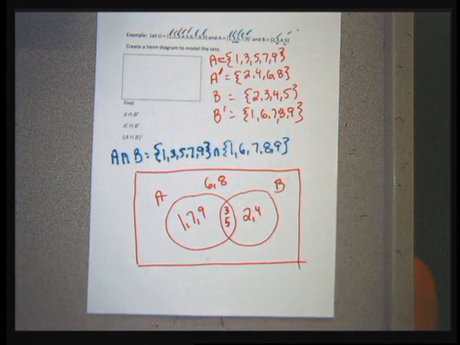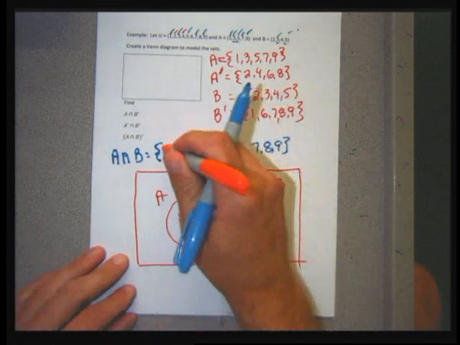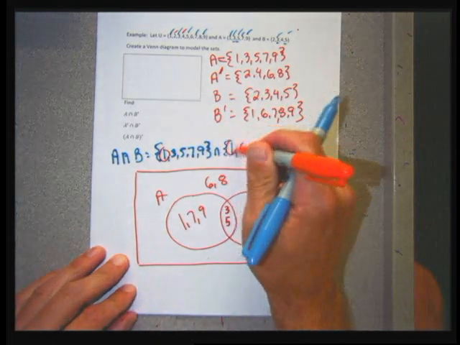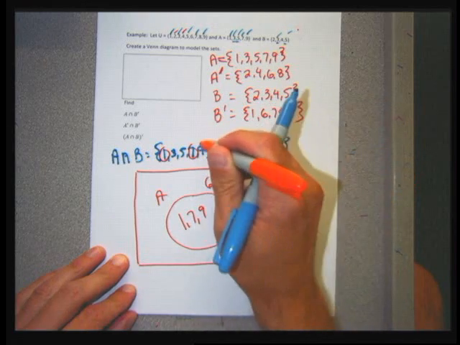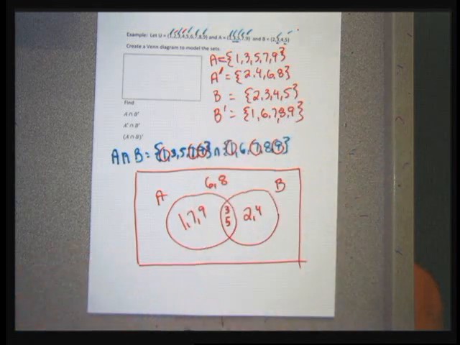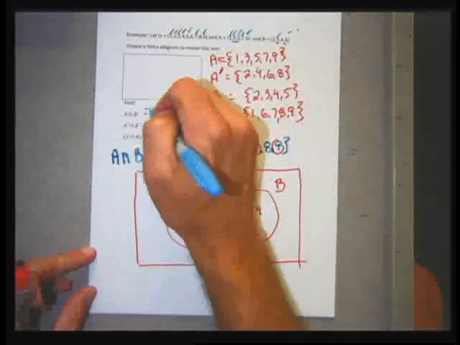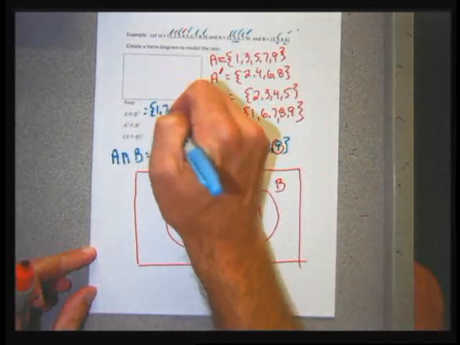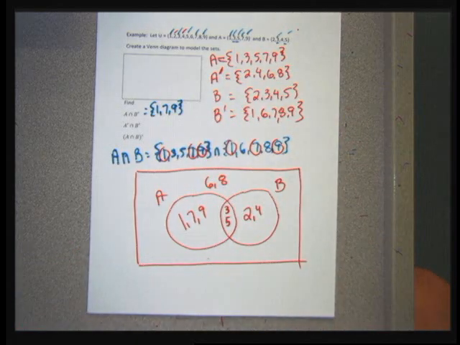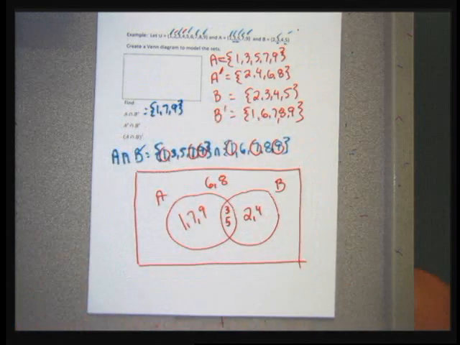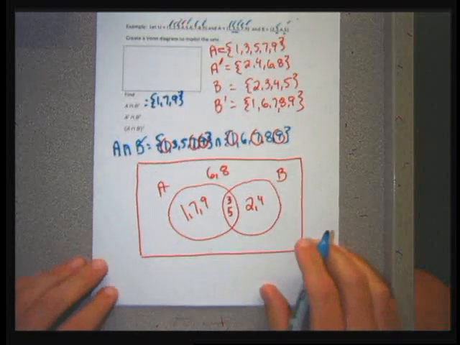And when I intersect those, what they have in common is they both have 1, they both have 7, and they both have 9. So A intersection B prime is going to be the set that contains 1, 7, and 9. And again, I'll go back and do this pictorially in a minute, and I forgot to write the prime there.